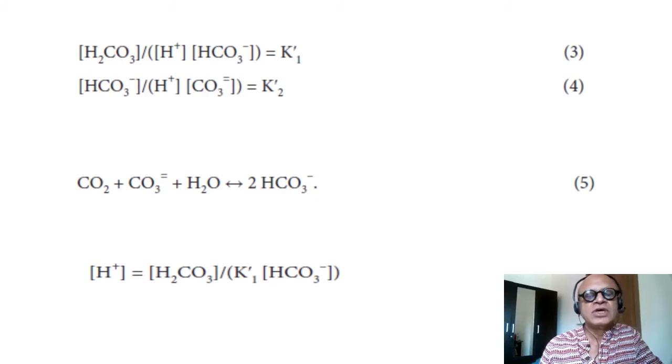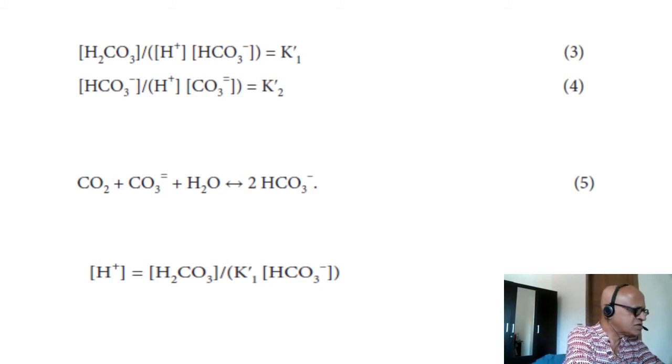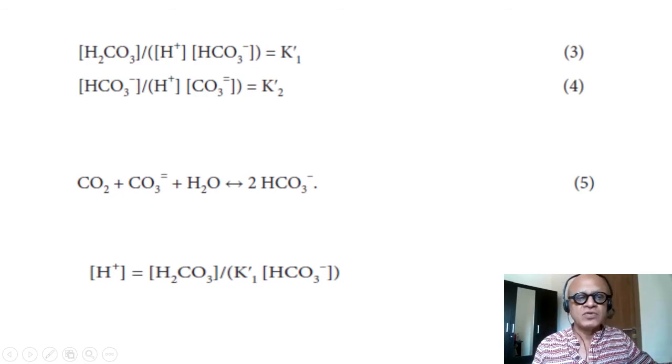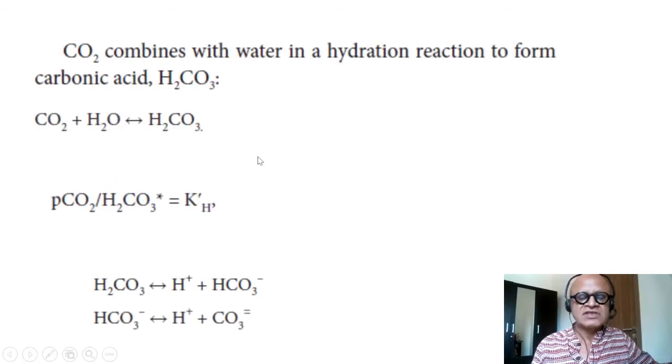Okay, so you can write the equilibrium constants, or these are called dissociation constants. I'm not a pure chemist, so I have to be careful. Okay, so these are the first and second dissociation constants, K1 prime and K2 prime, which are written directly from these reactions.